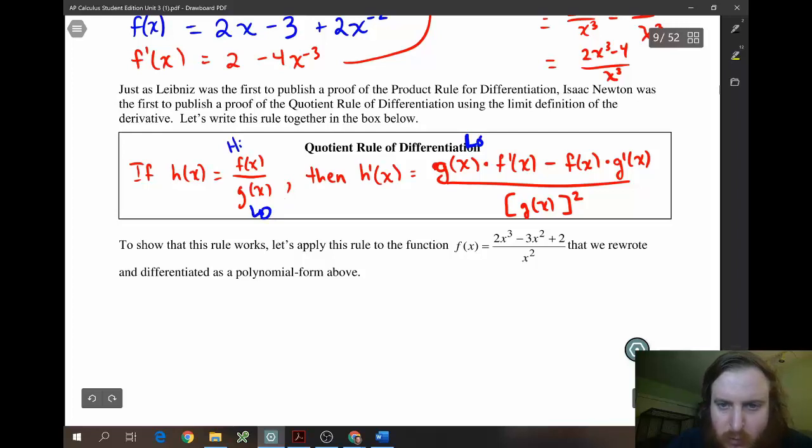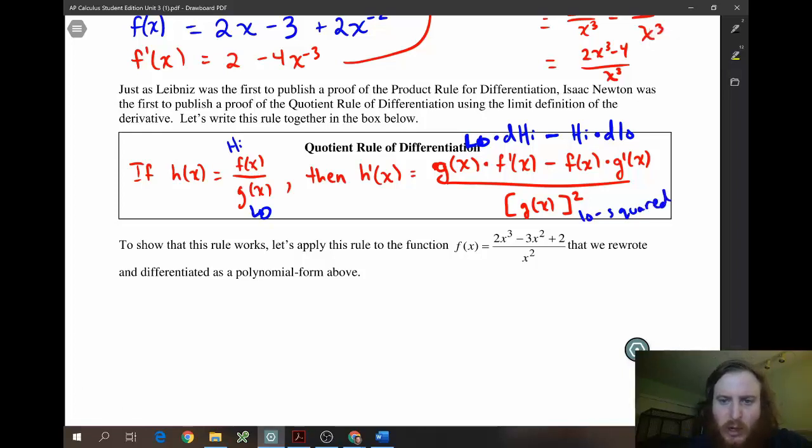So low times d high, the derivative of the top, minus high times d low, the derivative of the bottom, all divided by low squared. So that's something that I'll have you guys practice in class that we'll say a bunch of times: low d high minus high d low all over low squared.